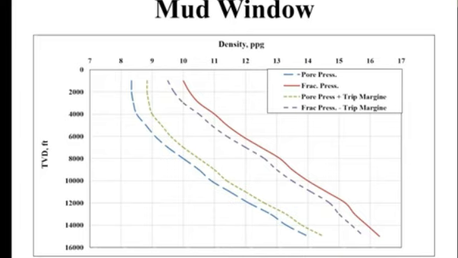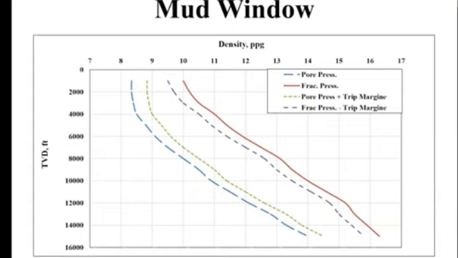Now, on the other hand, when we are tripping out of the wellbore, we are removing the pipe. So the level of the drilling mud starts dropping. So the mud inside the annulus goes down. When this happens, friction acts against the movement of the fluid, so it acts upward.